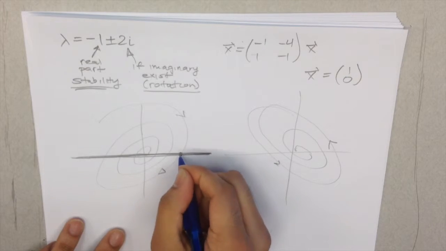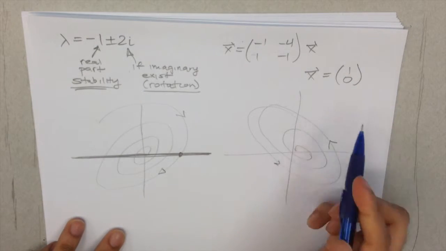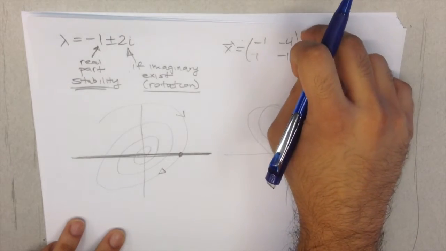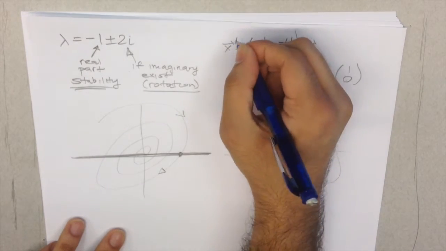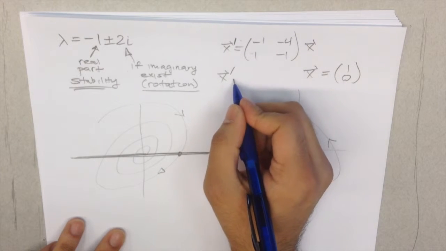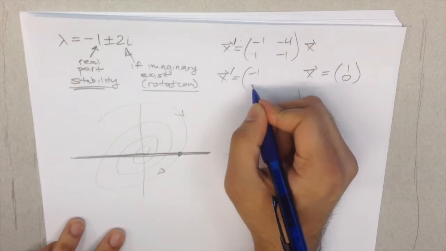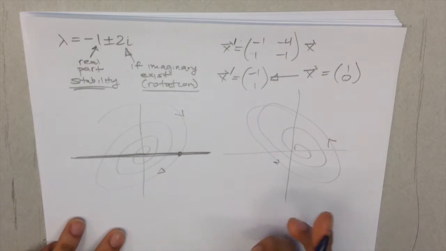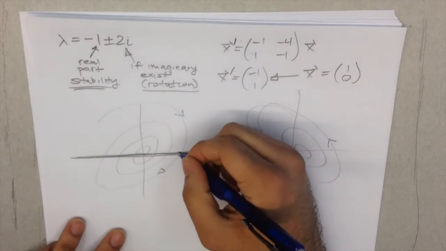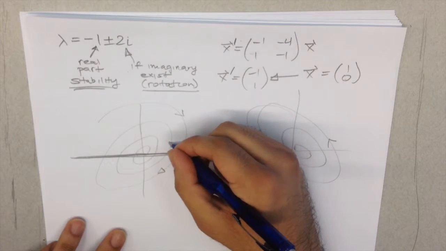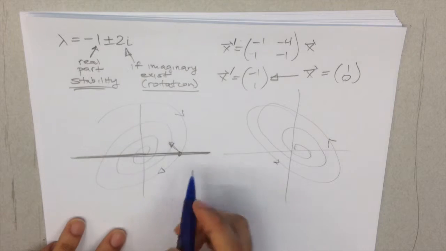That's a point on the x-axis. I can plug in that value here, and then you notice that x prime ends up becoming (negative 1, 1). So this is important. What does that tell you? It tells you that the derivative is going to point in the negative 1, 1 direction.